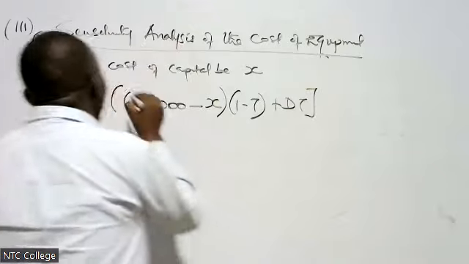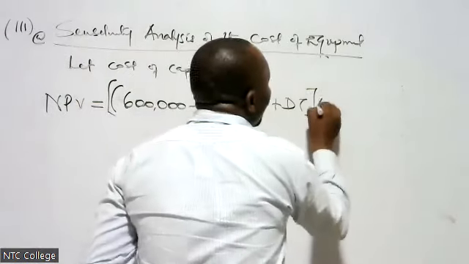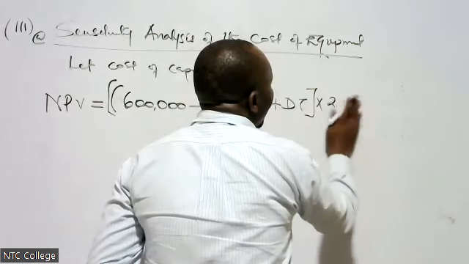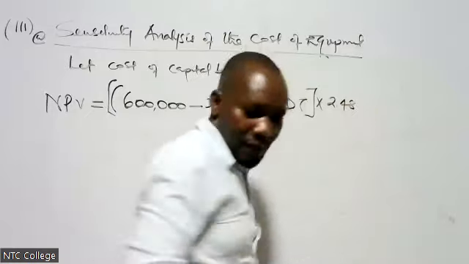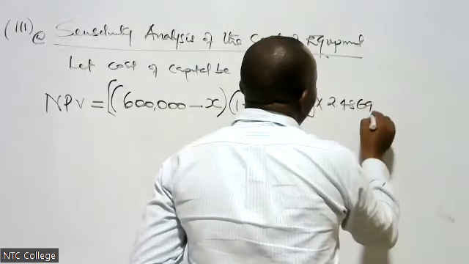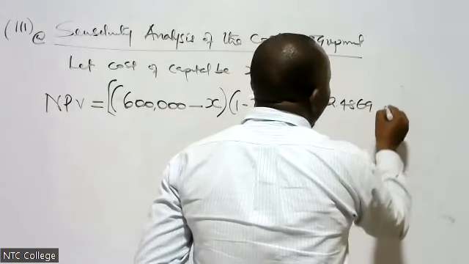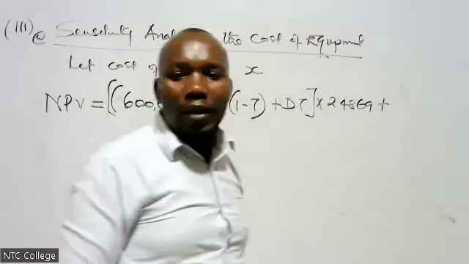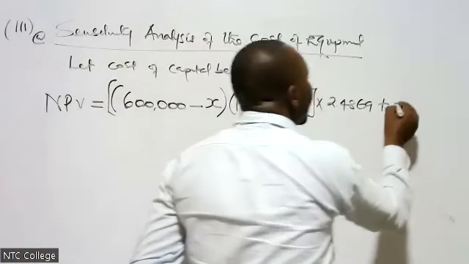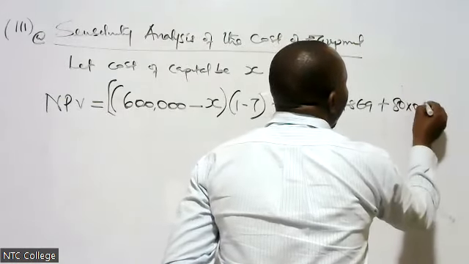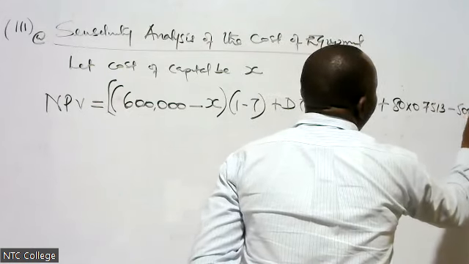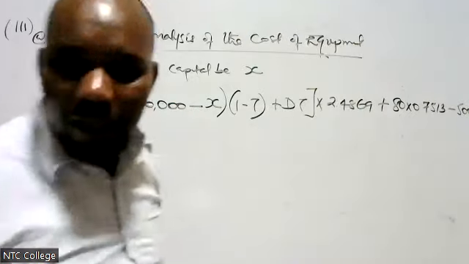All these you have to multiply with PV, which is 2.4869, plus now the scrap value. The scrap value we have calculated, and I think we know it. It was 80 times 0.7513 minus 500,000.